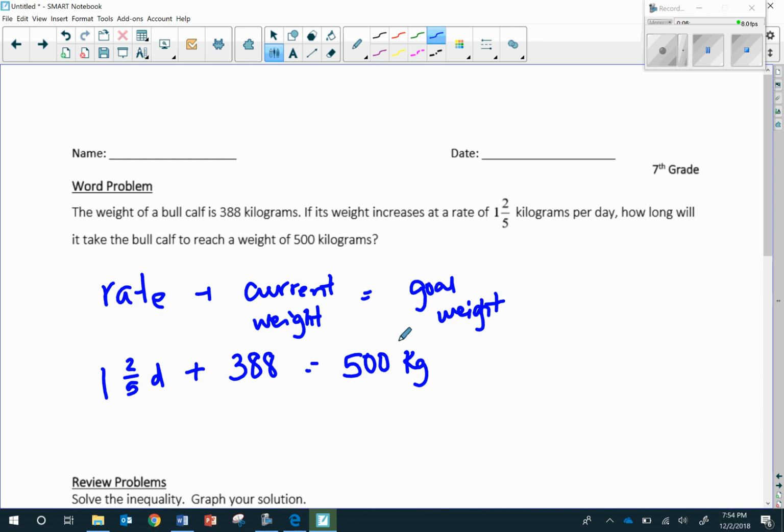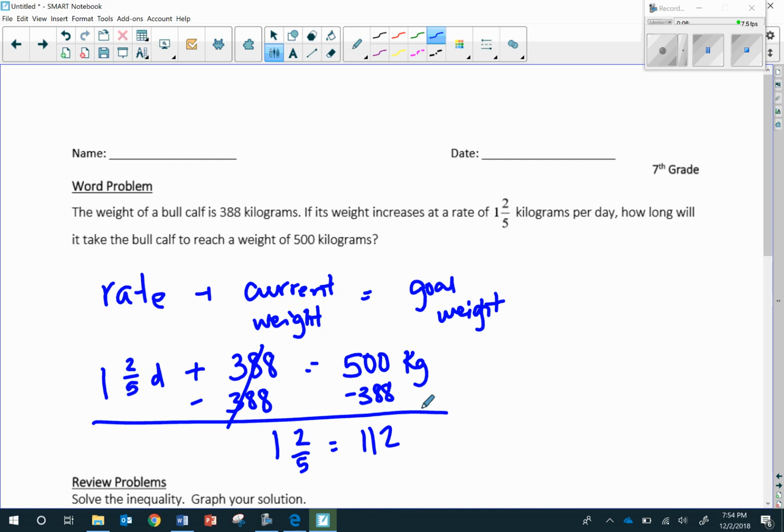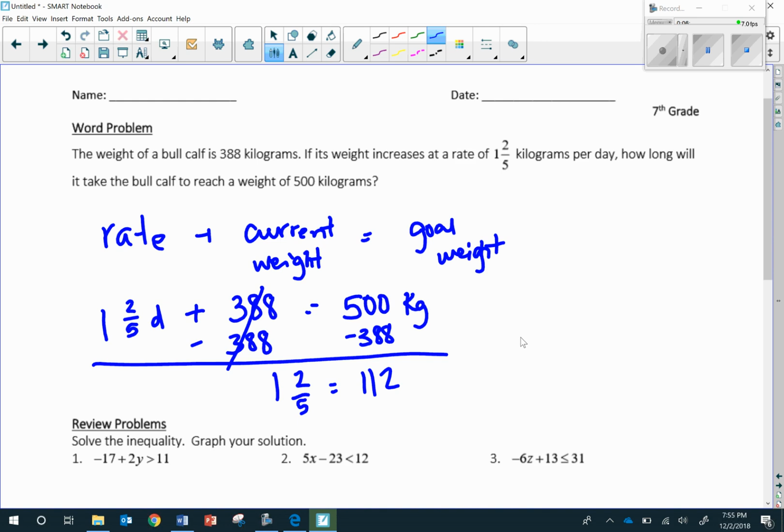Now, I'm left with a simple two-step equation. So I'm going to first start out by using my inverse operation and subtracting 388 from both sides. When I do that, I'm left with 1 2/5 days equals 112. I'm going to change 1 2/5 into an improper fraction. So I have 7/5 days equals 112.